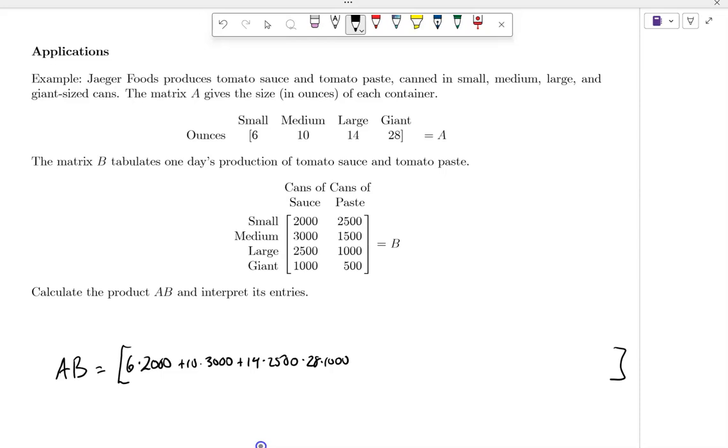We're still using the same row as before, so we're still going to have 6 times something, 10 times something, 14 times something, and 28 times something. We're just going to multiply it by the second column. So we'll get 6 times 2,500, 10 times 1,500, 14 times 1,000, and 28 times 500.